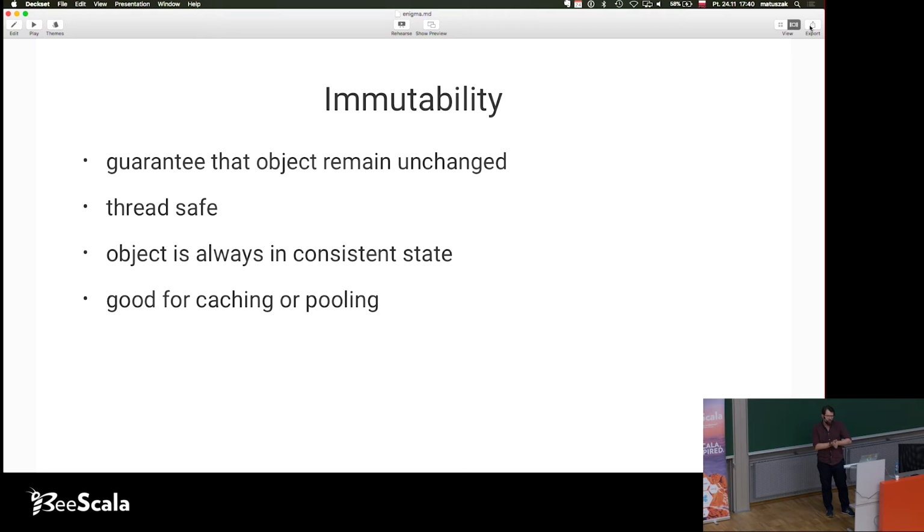For example, in your previous life, when you were working in Java, the typical pattern was you were creating an object with an empty constructor, then you had a bunch of setters, and after setting the last one, the object was ready to use.